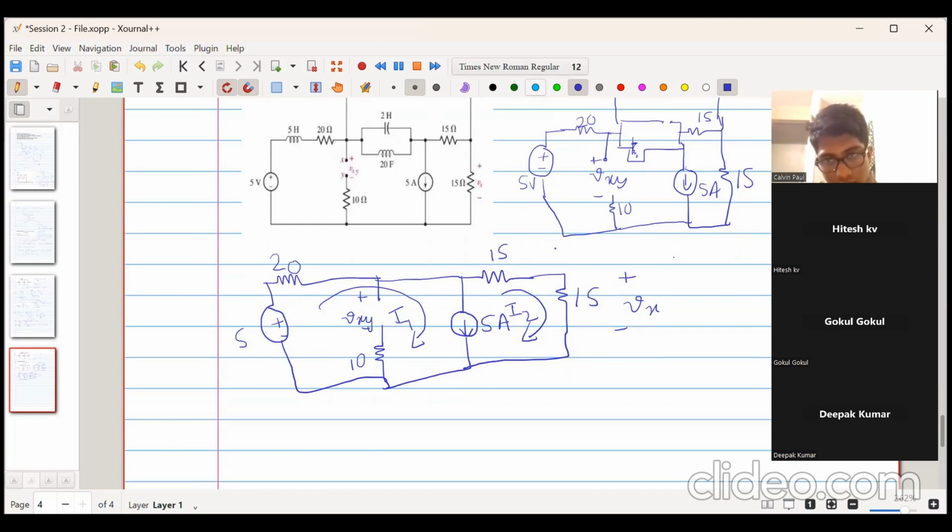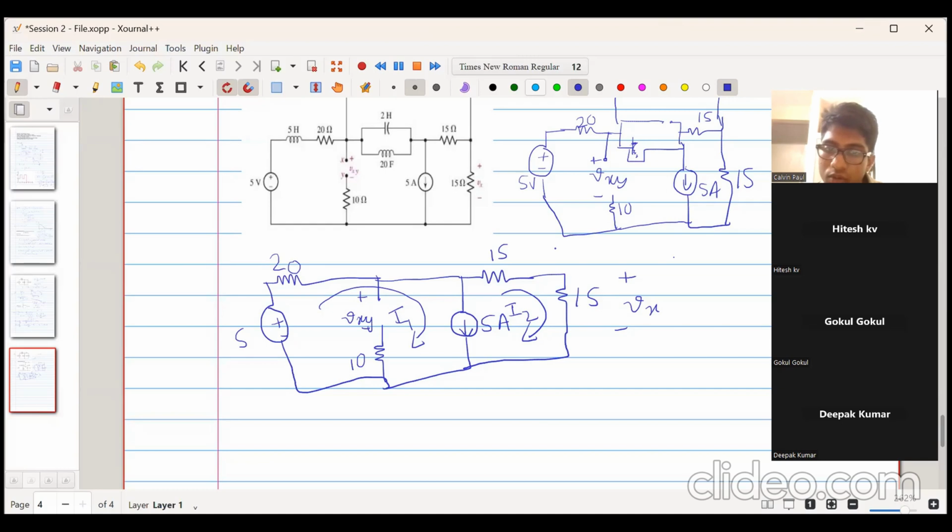Yeah, we can use nodal analysis, that also is there. But mesh analysis also is possible because we will get two equations for the current. We will not consider these inner meshes. We will consider the complete outer mesh. Then we will get two equations which we can solve.